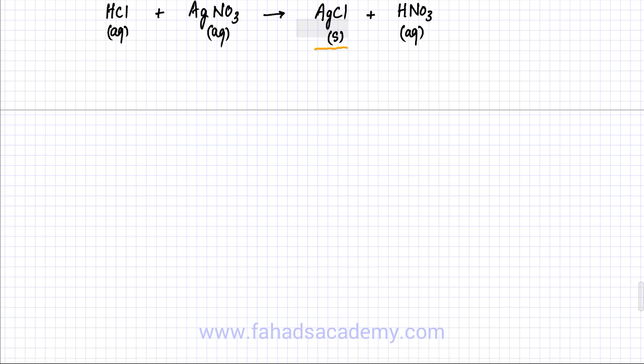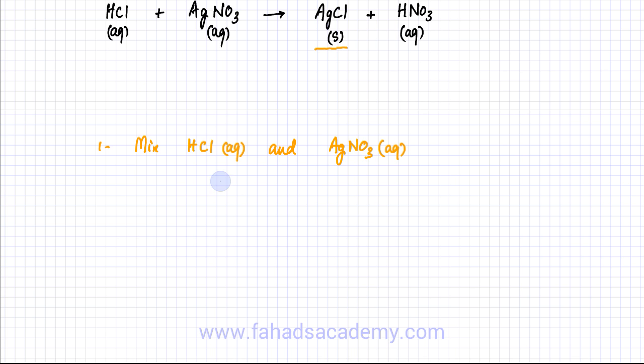So when I describe this reaction, the first thing I'm going to write is that I'm going to mix HCl, which is in aqueous state, and AgNO3, which is also in aqueous state. So I'm going to mix them together.